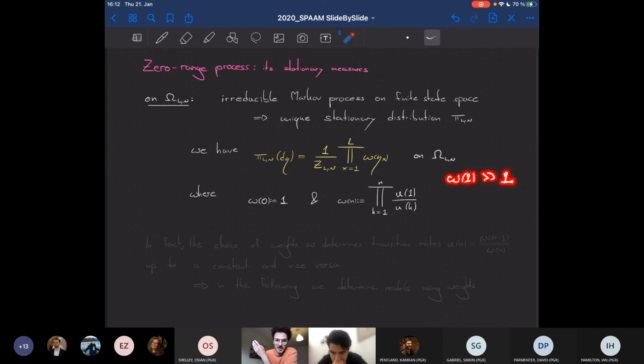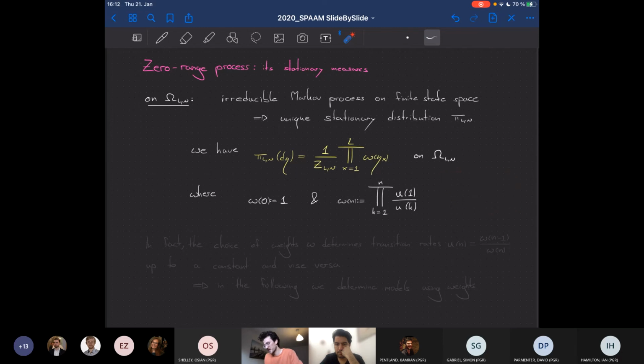If w1 is very large, that means it's very attractive for you, so you try to get a particle as quickly as possible. On the other hand, if w2 is very small, then it's a very unattractive state. So let's assume you have accumulated a particle, and now a second particle jumps on top of the first one. What will happen is that the site will almost immediately repel it, wanting to get rid of it, because it's a very unattractive state to be in. So that's how you should think about these w's.